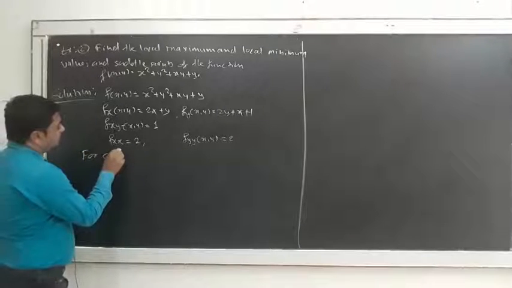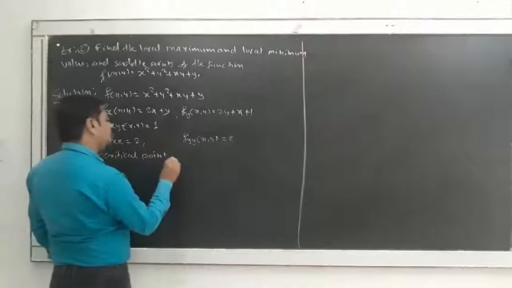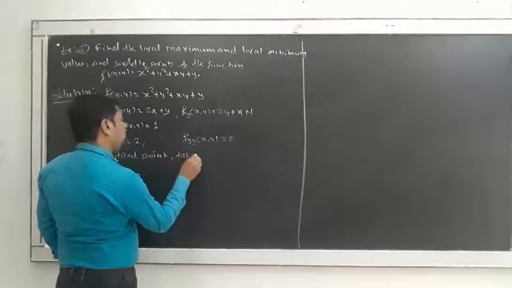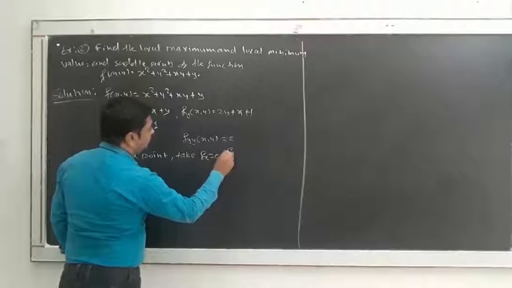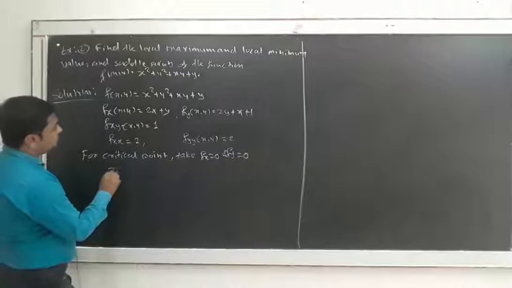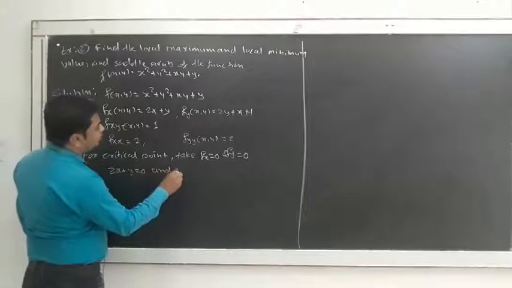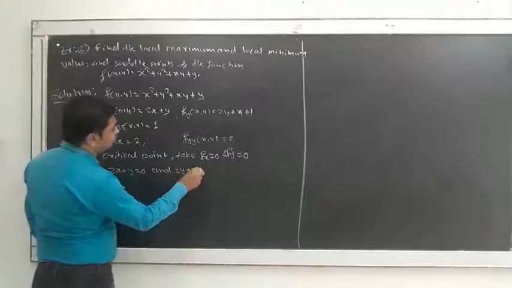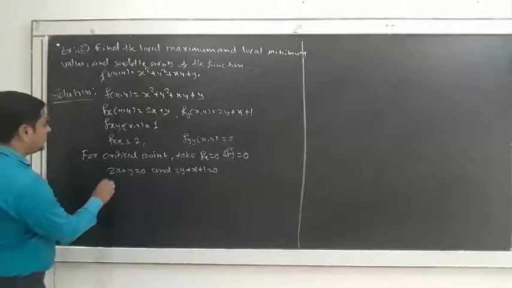For the critical point, you have to take fx equal to 0 and fy equal to 0. So what is our fx? fx is 2x plus y equal to 0, and 2y plus x plus 1 is equal to 0.